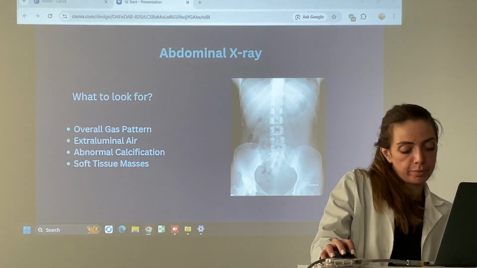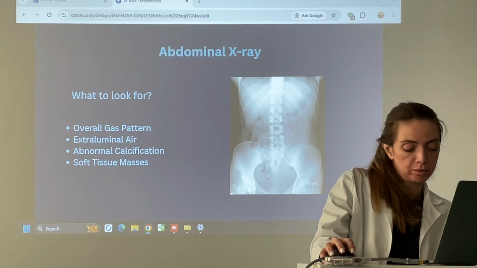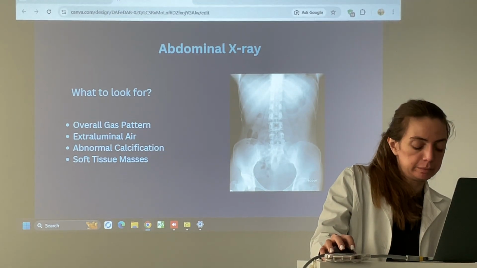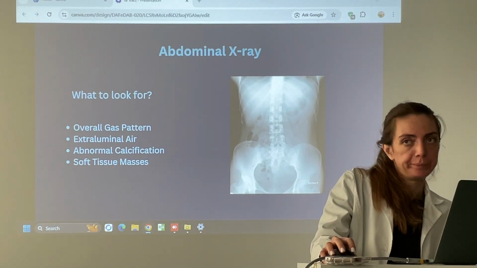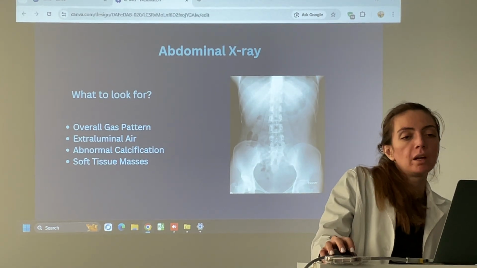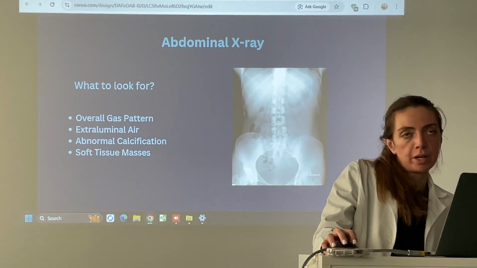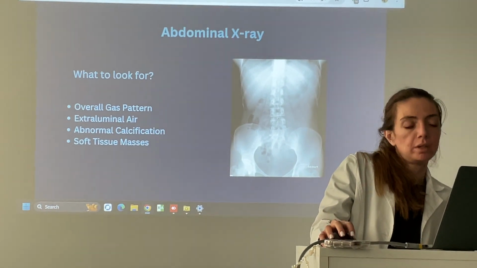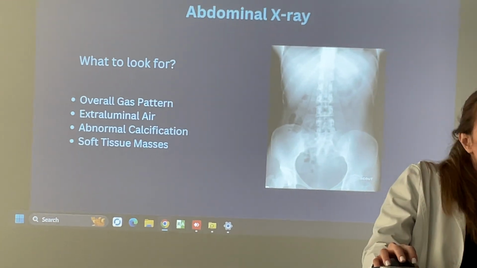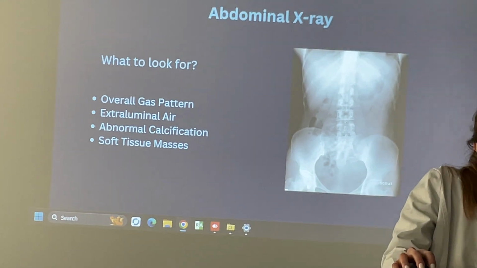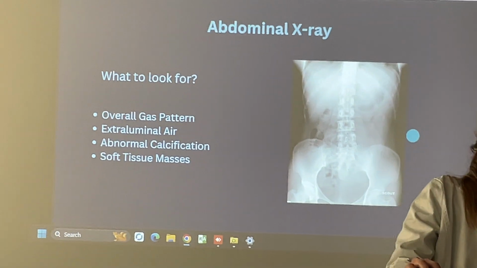For this point, what do you think? Do you need contrast administration or no? Calcification, no need. So you should always have an X-ray image without and with contrast if there is a need to do contrast examination. So fourth, look for any soft tissue masses.